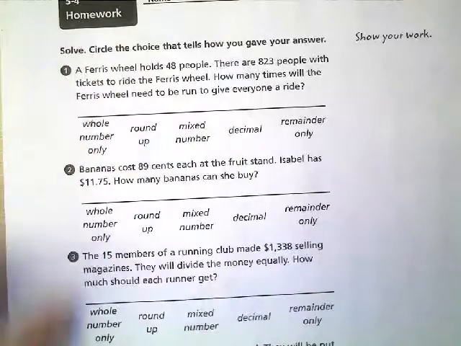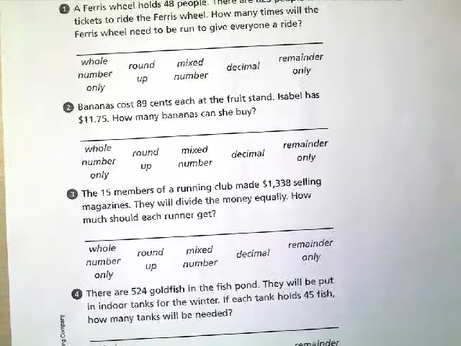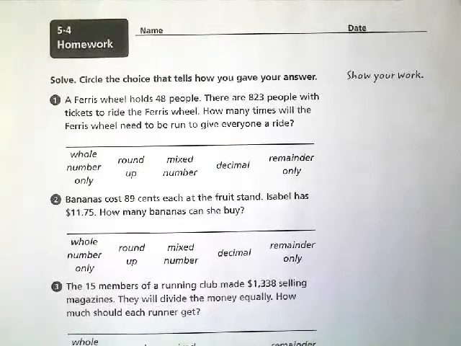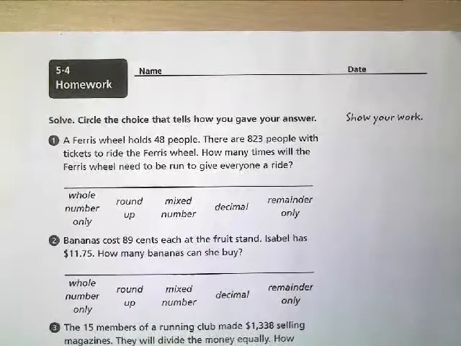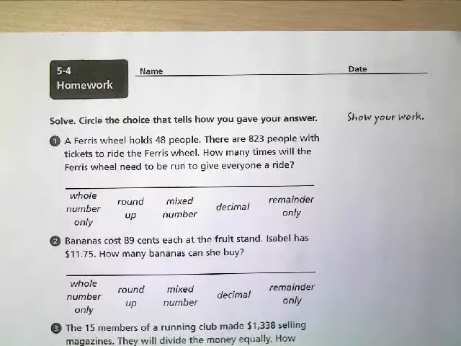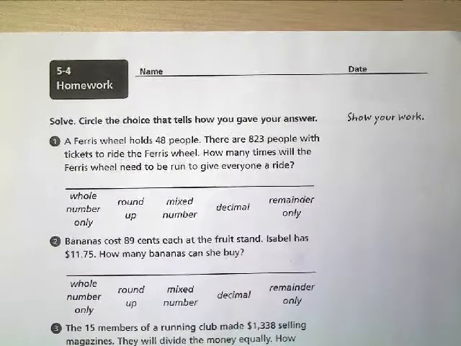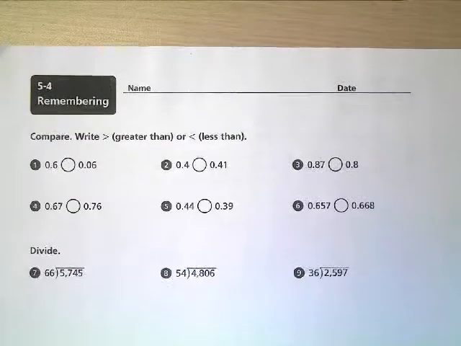Did you round it up by 1? Did you change that remainder into a fraction? Did you do the decimals? Or did you only look at the remainder for your answer? So there are 5 options and there are 5 problems. So do you think that maybe there's one of each kind? I don't know, you'll have to find out. Maybe not, maybe one gets repeated.